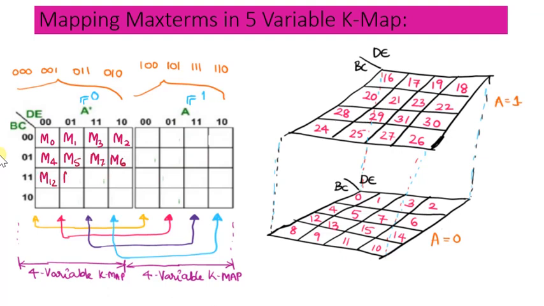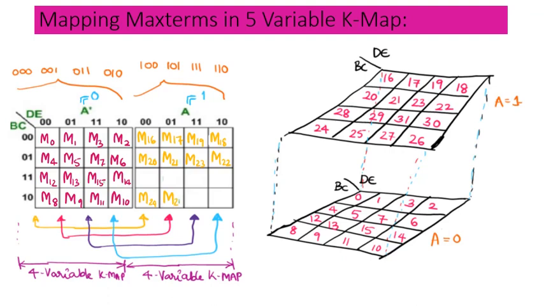The only difference that you will find in this particular case is that instead of representing the minterms in the lower case, I have represented the max terms in the uppercase M. Rest of the mapping of the decimal notations, the grouping of the variables, everything is going to be exactly the same or similar to that of the minterms.